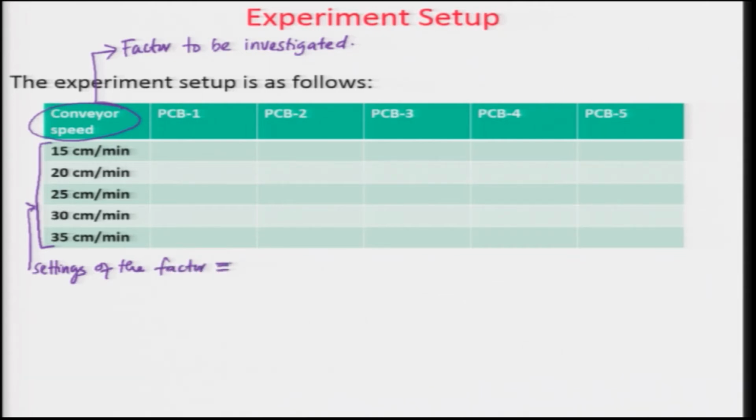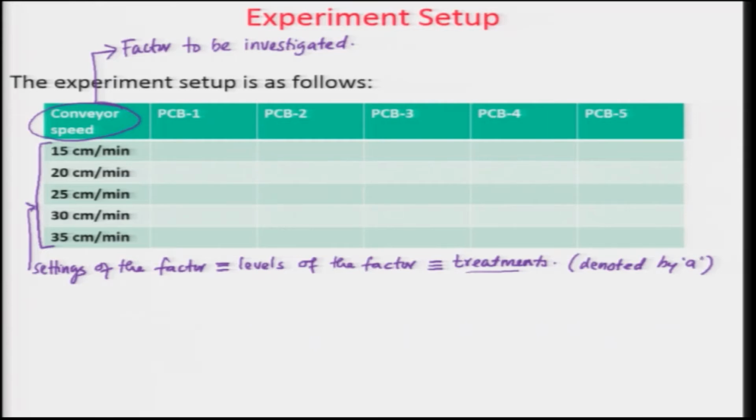It is also known as levels of the factor. It is also known as treatments. They are all one and the same, right. So, we have 5 treatments, each at the speed of 15, 20, 25, 30, 35.